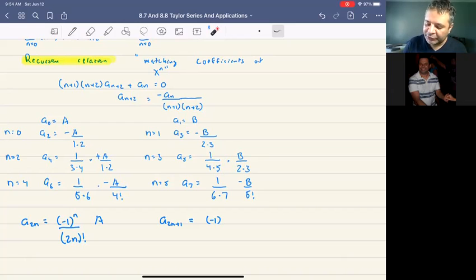So -1 to the n. When n equals 0, this is going to give me a sub 1. That should be positive. Good. Now, what is my denominator going to be? Notice 3, 3 factorial. 5, 5 factorial. 7, 7 factorial.